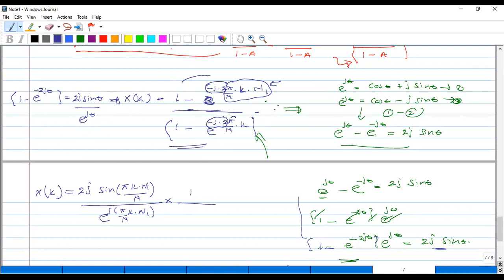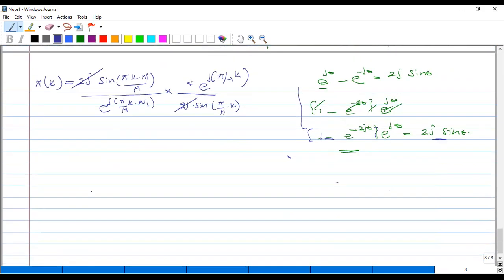For these lower terms, theta corresponds to 5nk. So we have 2j sine 5nk divided by e to the j theta, so it is divided, and you can get it in the upper part. So e to the j theta is nothing but 5n by k.